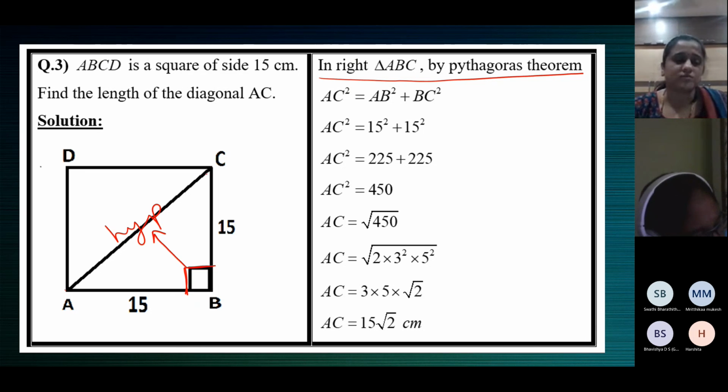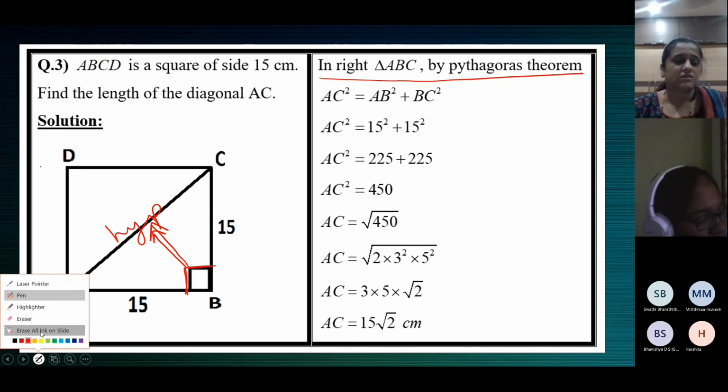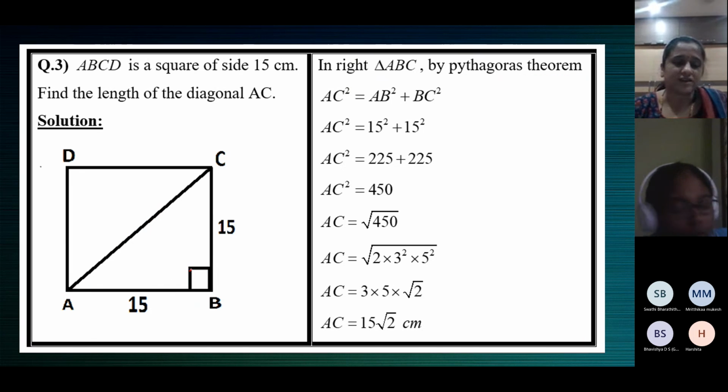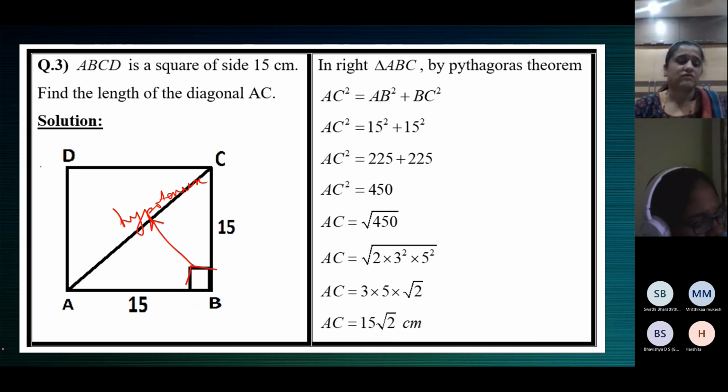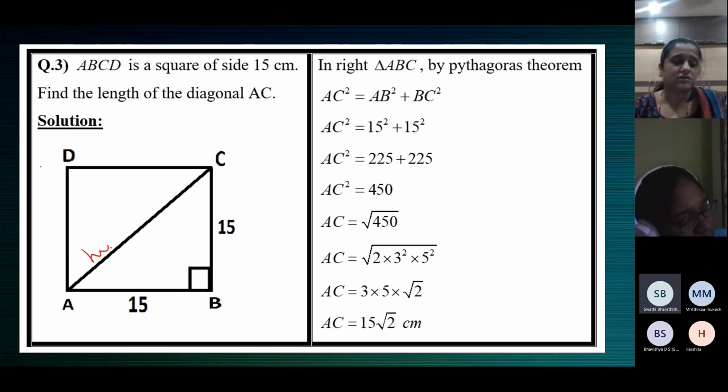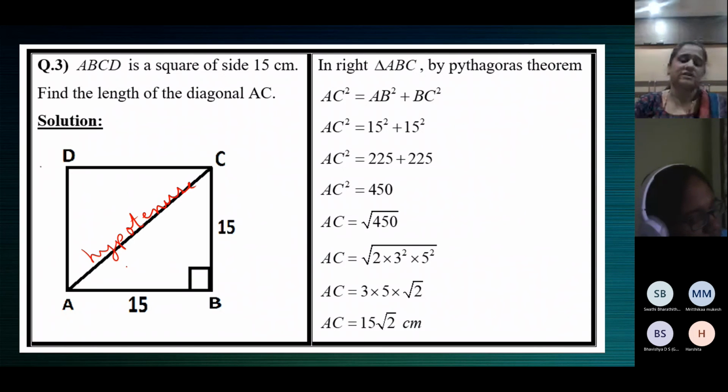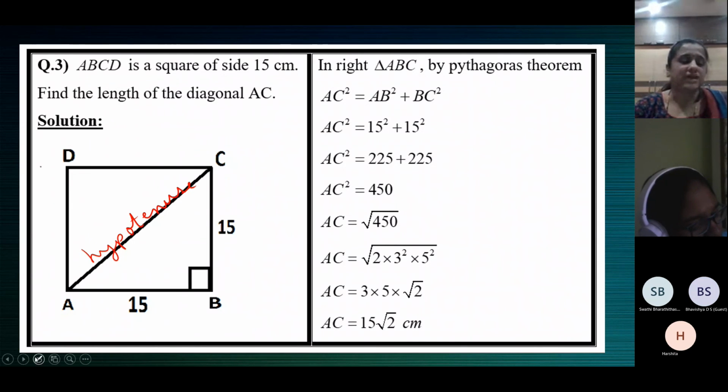The side opposite to the right angle is called the hypotenuse. We are familiar with that term, right? Yes, ma'am. The longest side in the right angle triangle. Hypotenuse is the longest side in the right angle triangle, and that is the side opposite to the right angle.